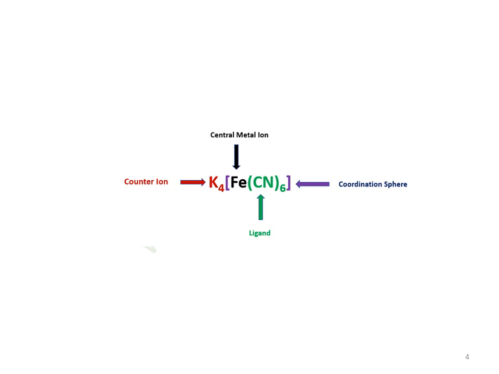In the purple color you can see the square brackets, these are known as the coordination sphere, and the transition metal ion is surrounded by cyanide ligands. The coordination number 6 indicates that 6 cyanide ligands are surrounding the metal ion. The name is potassium hexacyanoferrate 2.